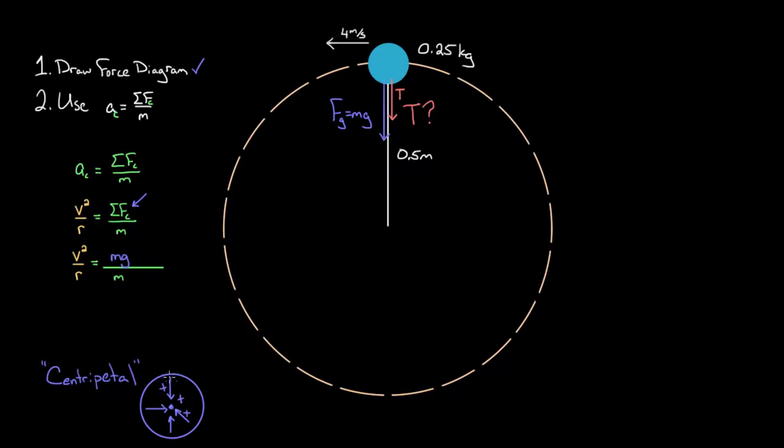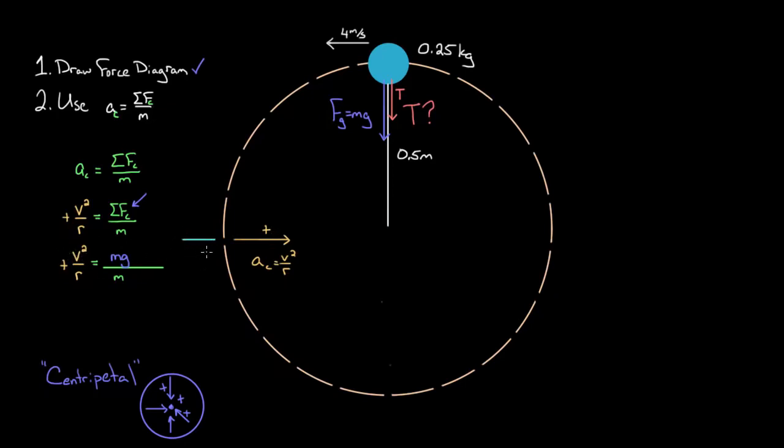The reason we're including toward the center of the circle as positive is because we chose to write our centripetal acceleration as positive. And since we know that the centripetal acceleration points toward the center of the circle, if we make the centripetal acceleration positive, we've committed to toward the center of the circle as being positive as well. In other words, we could have decided that out of the circle is positive, but if we did that, this centripetal acceleration that points inward would have had to be included with a negative sign over here, and that's just weird.